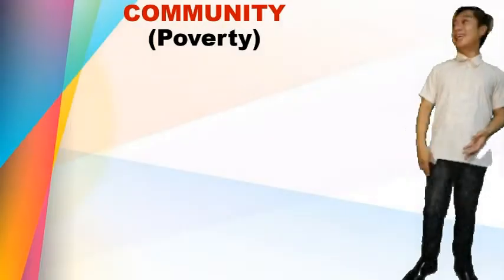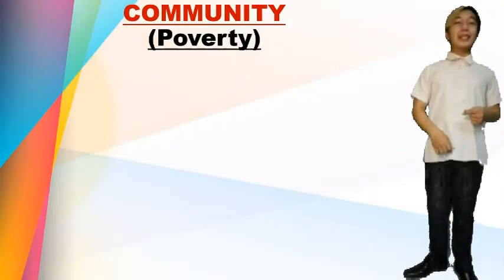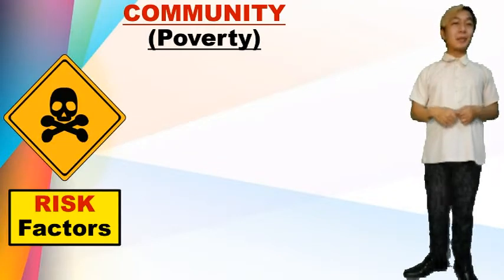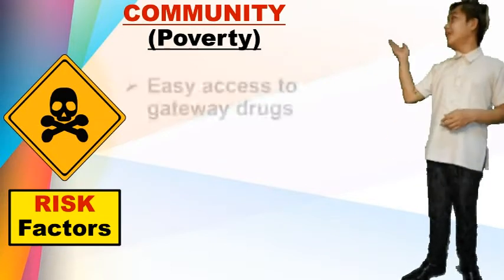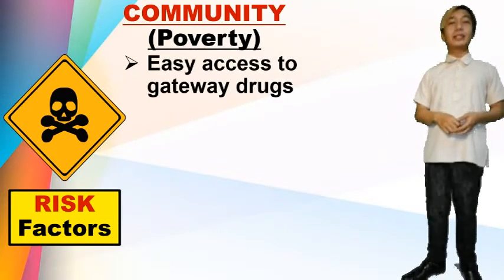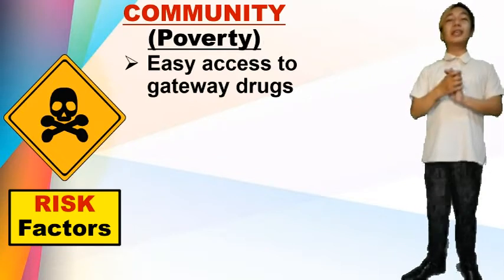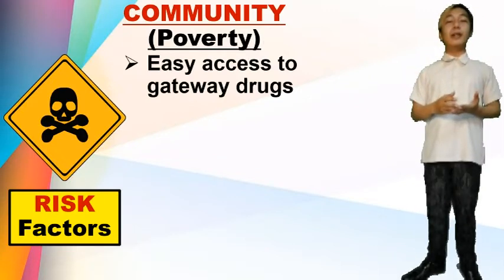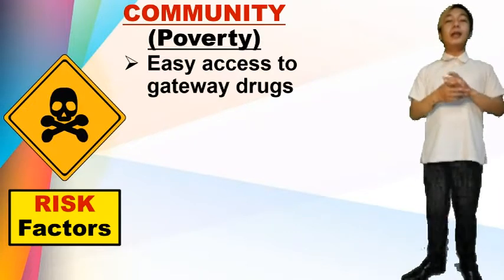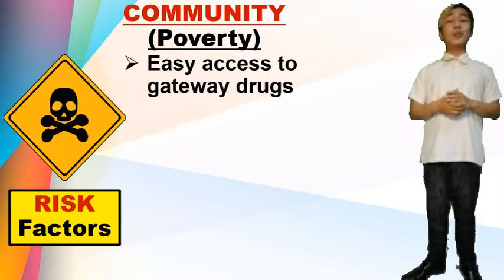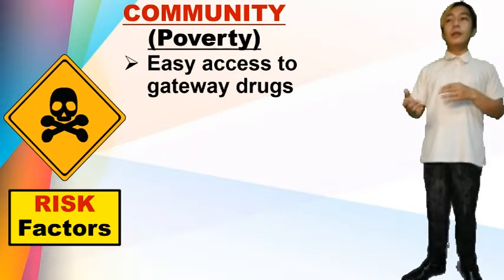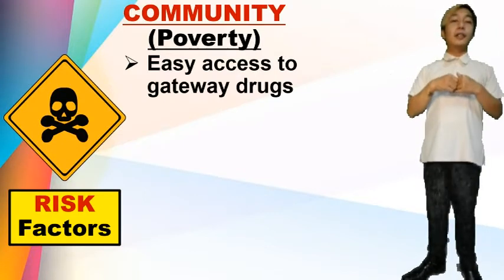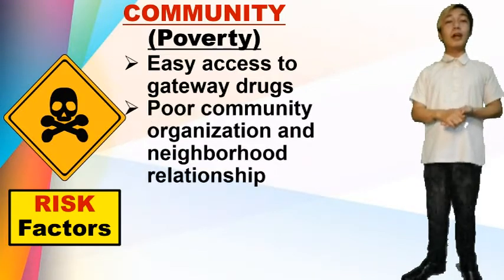So the last one is the community. How do you think the community became a risk factor? So the first one is easy access to gateway drugs. If those prohibited drugs are easily accessible in our community, that is one of the reasons why we will be tempted, affected or encouraged to use those kinds of drugs.